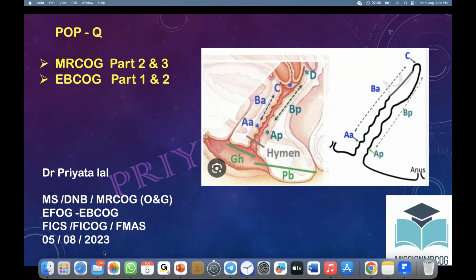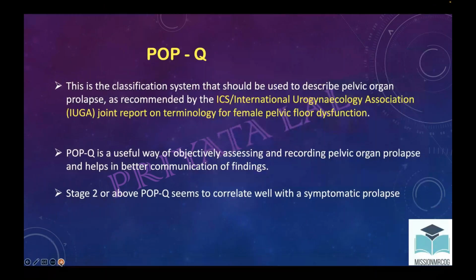Now, POP Q: from where has this classification come? The classification has been recommended by the International Continence Society, and it is a joint report by ICS and IUGA, that is the International Urogynecological Association. It is useful because it helps in proper assessment and recording of the prolapse so that communication is better.